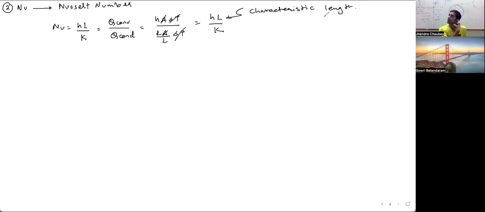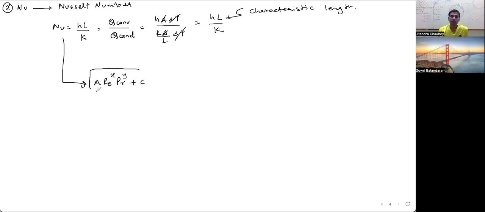In this chapter, they will give us many equations of Nusselt number. The equation would look like A into Re raised to something, and another parameter which we need to study now is Pr raised to something. Or it can be arranged in some other combination, like instead of being multiplied, it will also be added to some other constant.